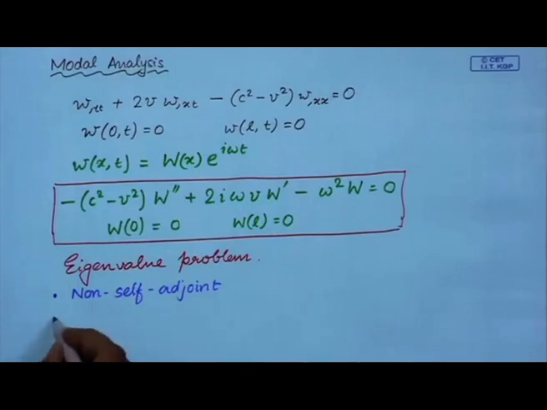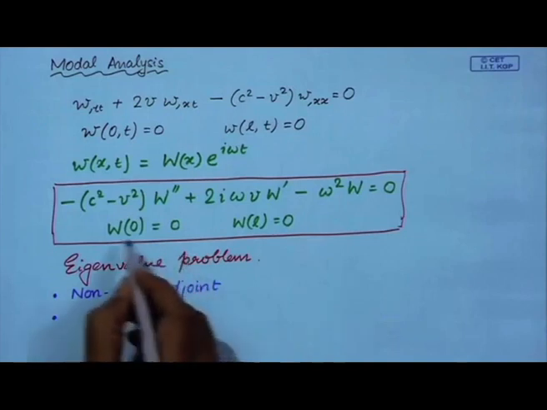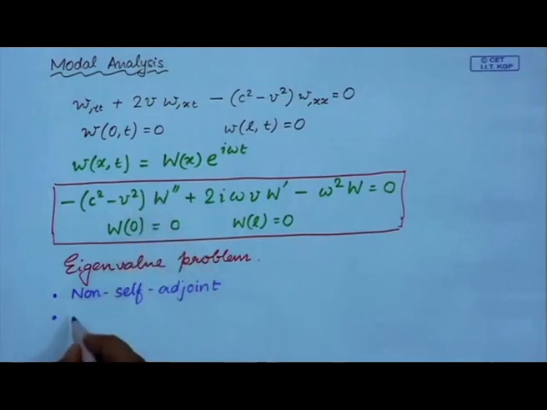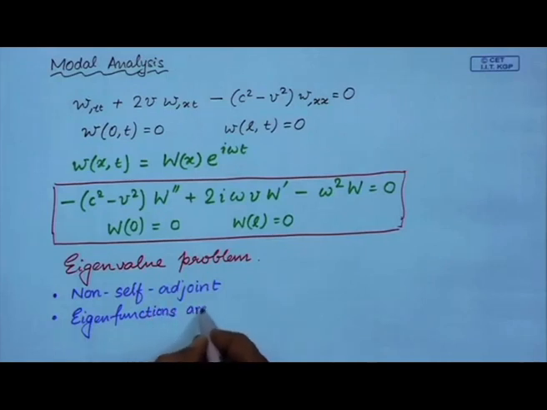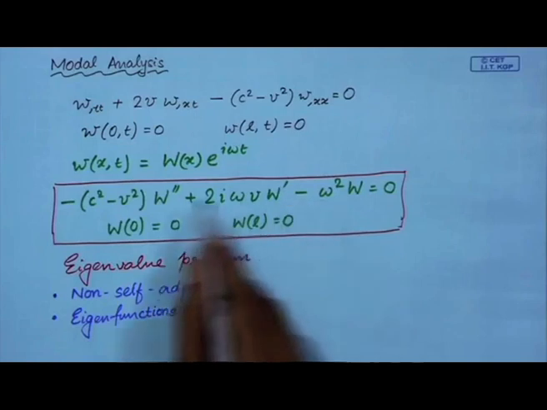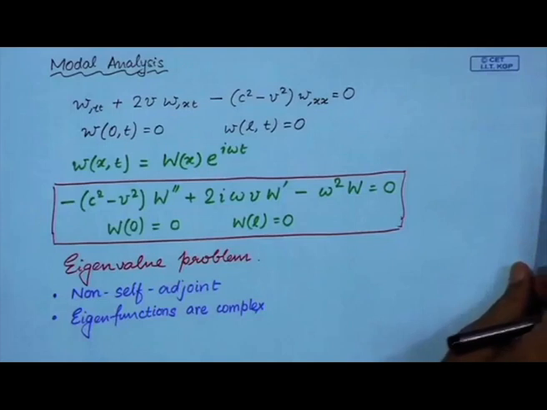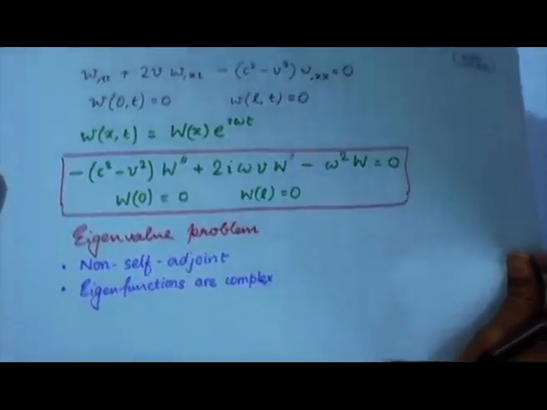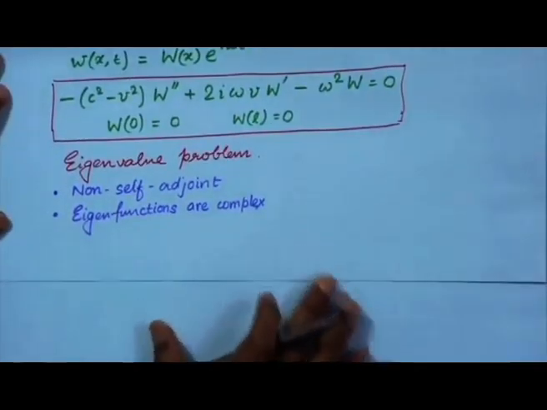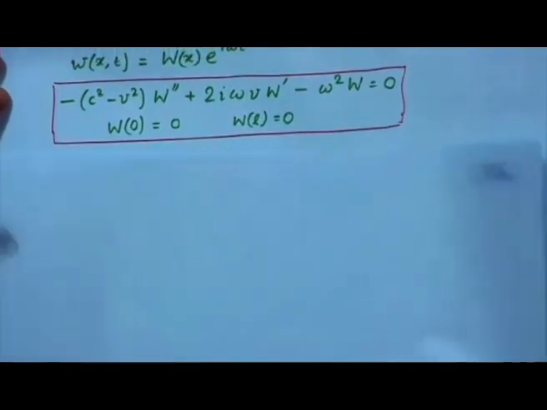The second thing is that the eigenfunctions are complex, which we can easily make out from here. So, the eigenfunctions are going to be complex. So, let us try to solve this eigenvalue problem.